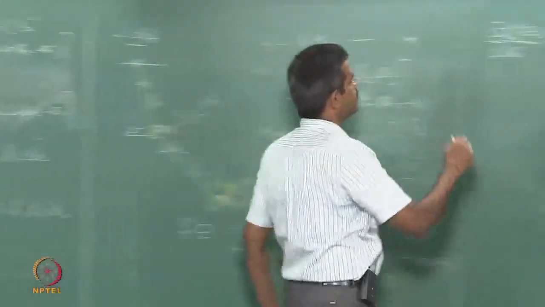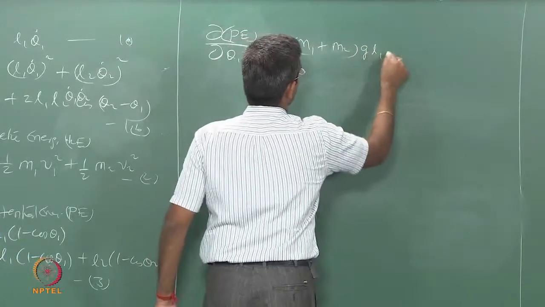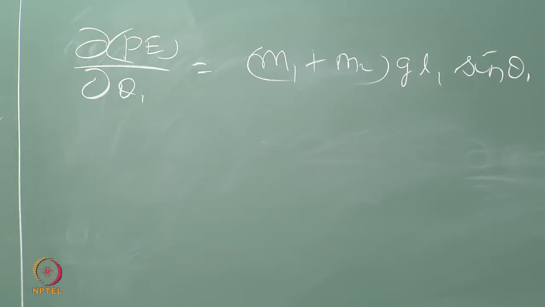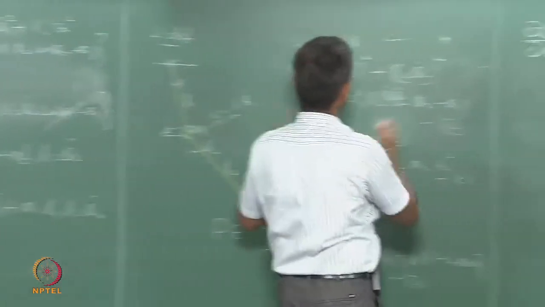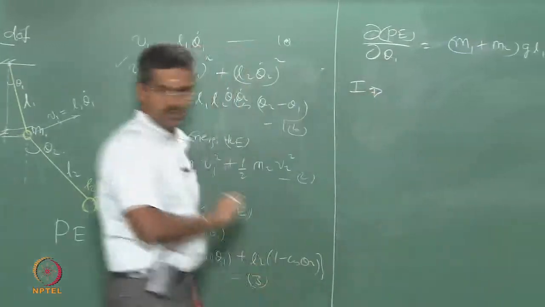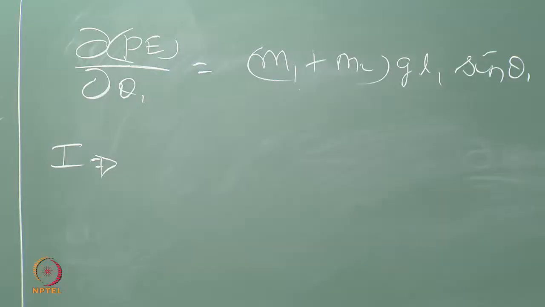So, m1 plus m2 g L1 sin theta 1, okay. So, I can write the first equation of motion by substituting in Lagrange's. Can you give me the first equation of motion? Substitute that and give me the first equation of motion.